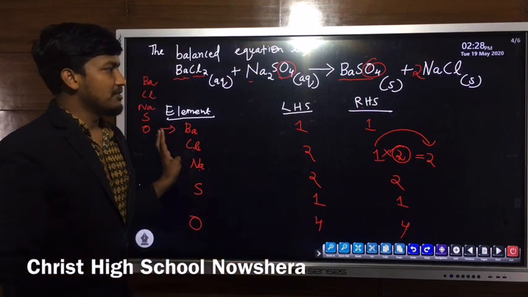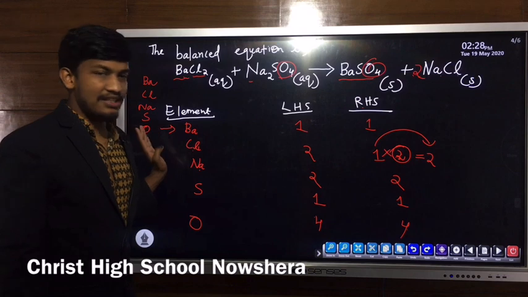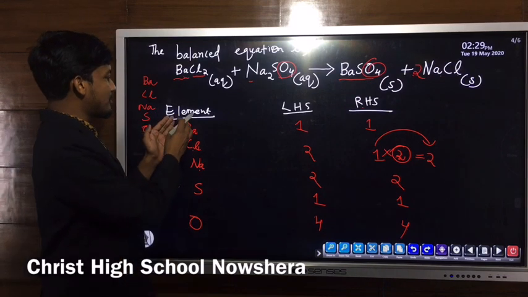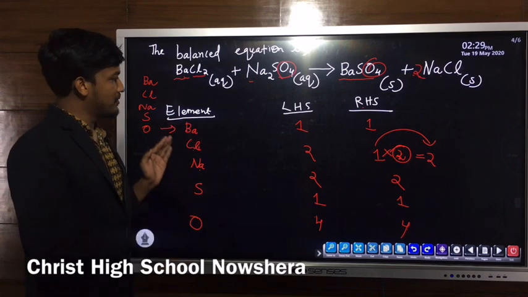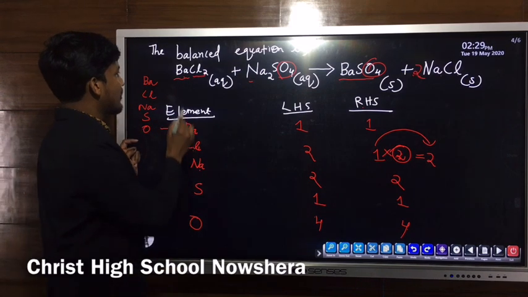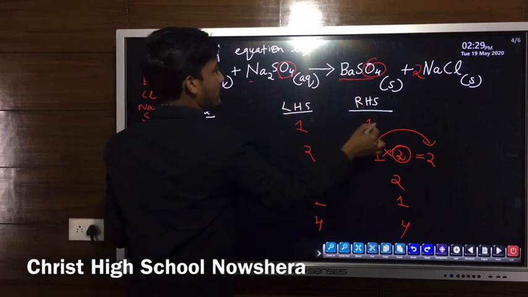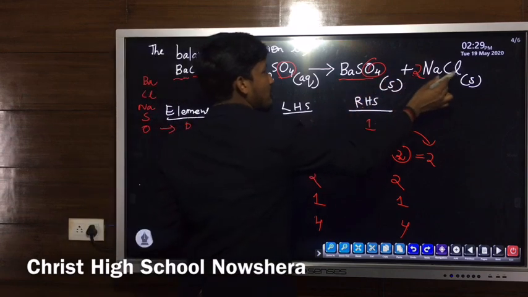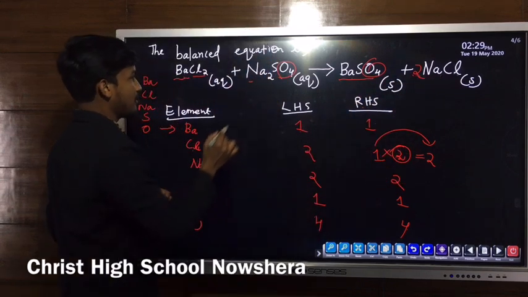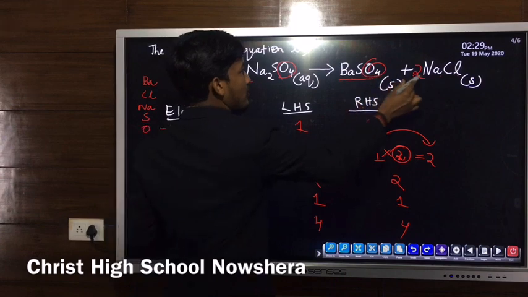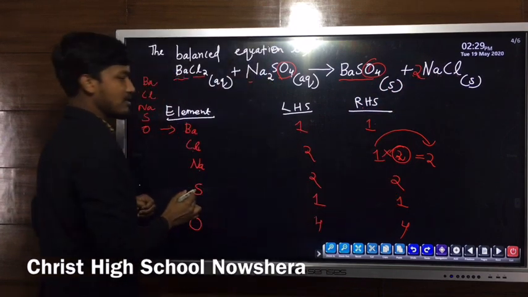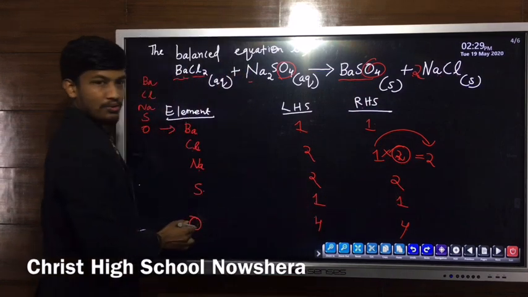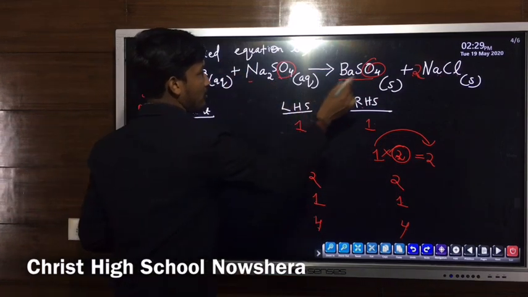Oxygen is also balanced. Now the final step: make sure that each atom is still balanced. For that we will count the number of each atom again from the beginning. Ba 1, 1; chlorine 2, 2 into 1, 2; sodium 2, 2 into 1, 2; sulfur 1, 1; oxygen 4, 4.